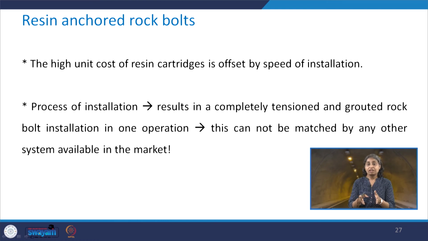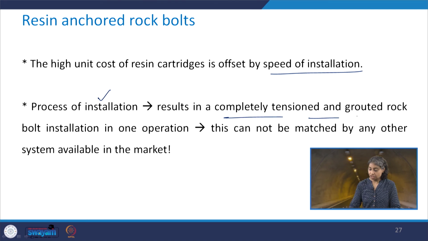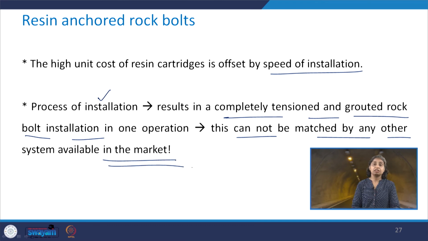Therefore, the high unit cost of these cartridges is compensated by the speed of installation of such rock bolts. The process results in a completely tensioned and grouted rock bolt installation in just one operation, which cannot be matched by any other system available in the market.